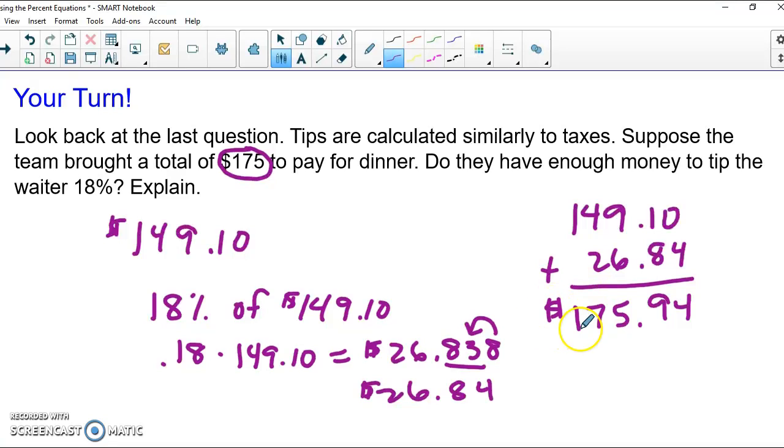So this comes to $175.94, but I only brought 175, so I'm 94 cents short to leave an 18% tip.